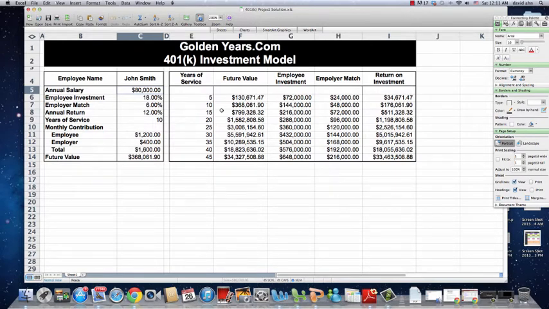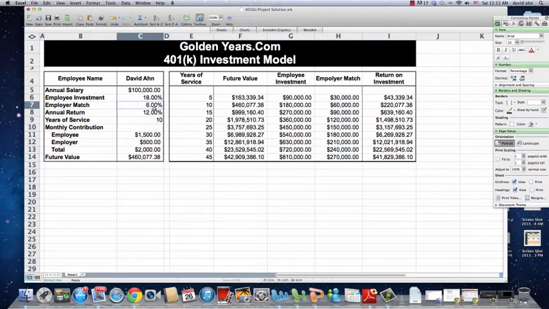As soon as a person enters new information, say instead of John Smith, I'm going to put my name, David, and let's say our annual salary also changes to say 100,000. That's not what I'm making, but for demonstration purposes, that's a nice figure.